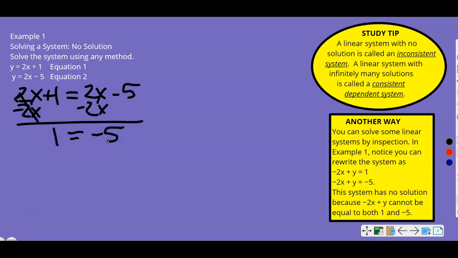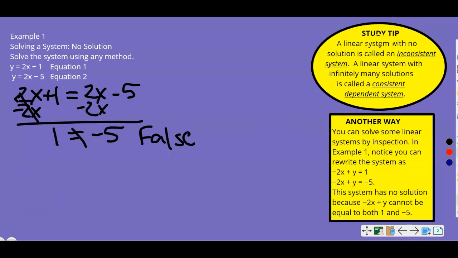We all know that 1 does not equal negative 5, so that's a false statement. If you get a false statement, that means that can never happen. So there is no point that would make both equations true at the same time. There is no solution to this system of equations.